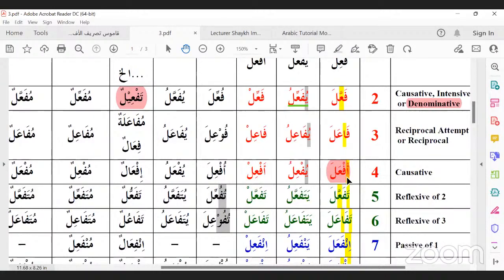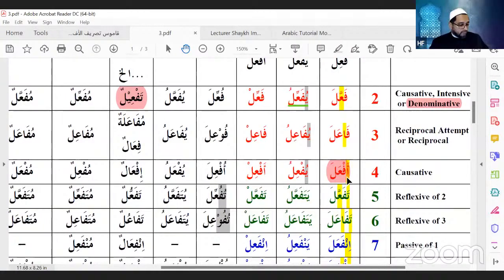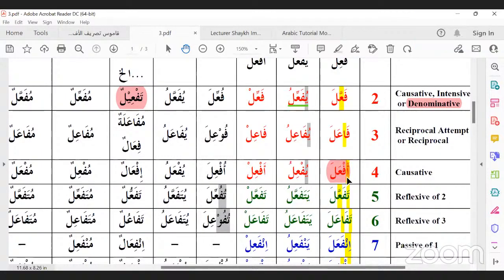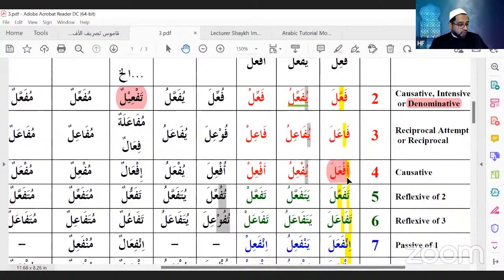That's why, to differentiate between the mazid fihi and the thulathi, there is a dhamma on the alamatul mudari'. That's right, that's the correct reason. So af'ala yuf'ilu, then fa'ala yufa'ilu, right?